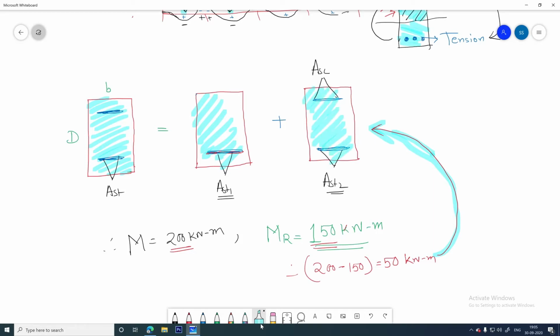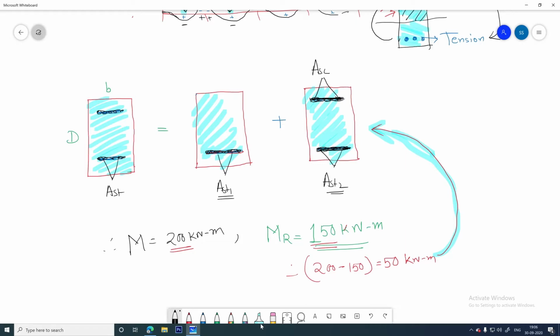Here basically you will get AST2 and ASC, that means area of steel under compression. This is the area of steel under tension for the balanced moment, and this is the area of steel under tension by considering it as a singly reinforced beam section, and this is the doubly reinforced beam section that finally, when you got the values, you can put over here. So this is the technical description of the designing of doubly reinforced beam section.